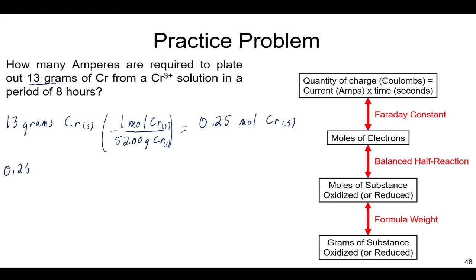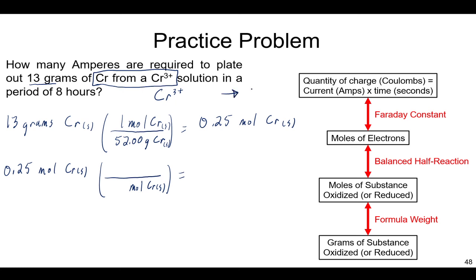Next, I'm going to take that moles of chromium, more dimensional analysis, so I know moles of chromium is going to go down here, so it cancels. What do I have? Well, I have time, amps, that doesn't work, but what is this? Chromium from a chromium 3+ solution. So I'm starting with chromium 3+, and I'm making solid chromium.